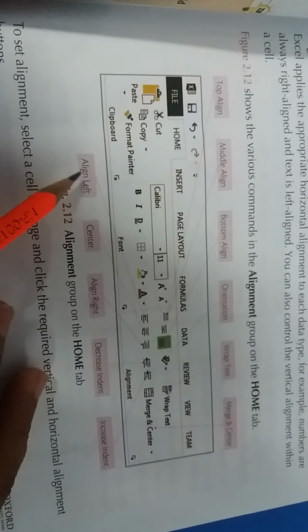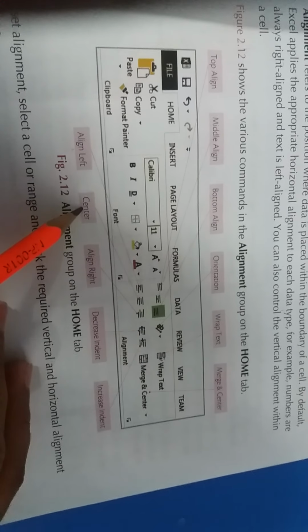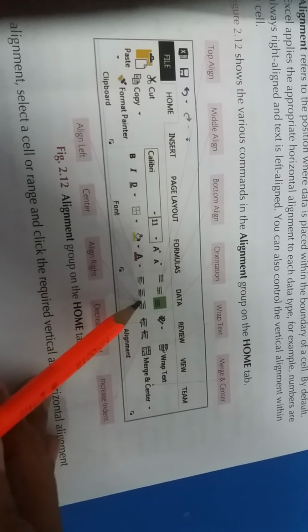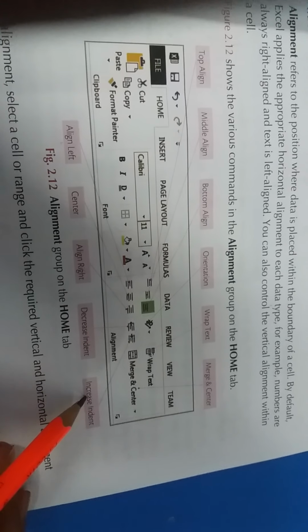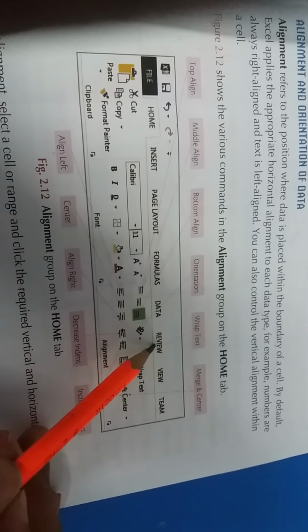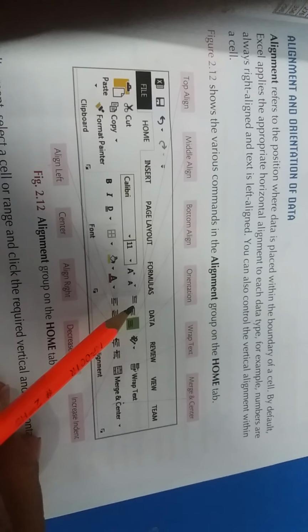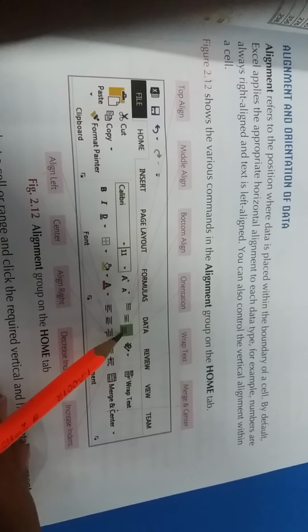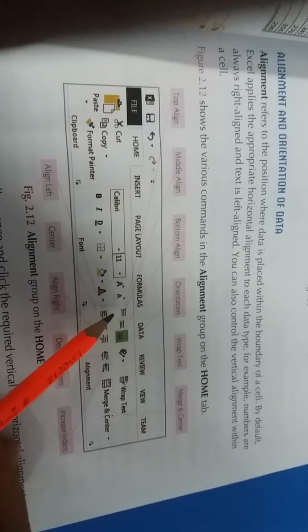You can see here left align by this, center by this, right align by this, decrease indent by this, increase indent by this, merge and center by this, review by this option, data by this, orientation by this option, bottom align by this option, and here this is middle align and top align.